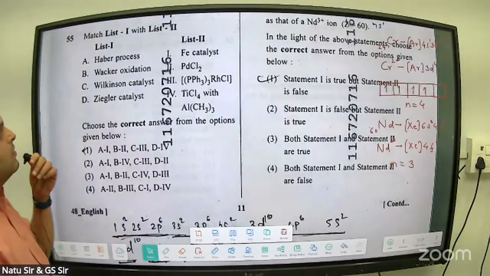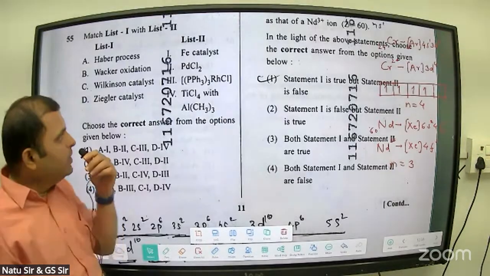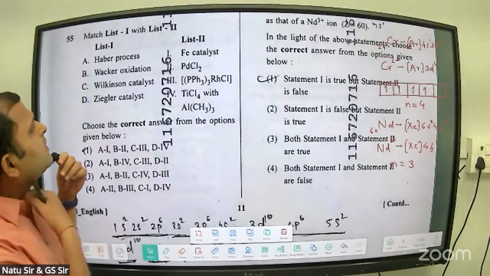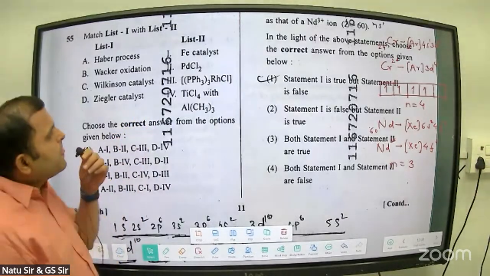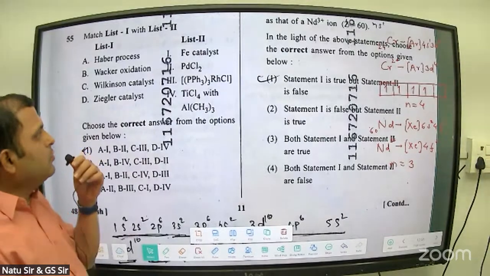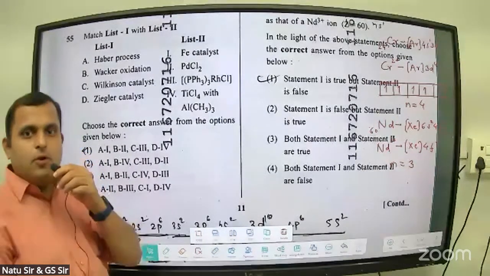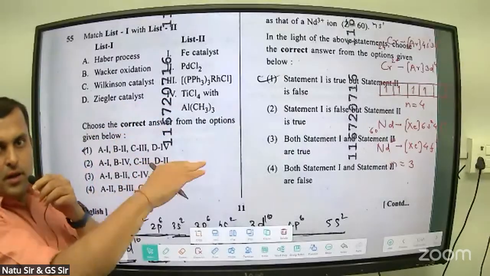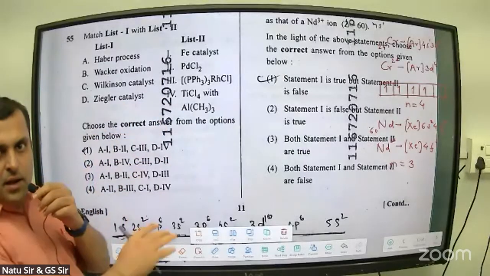Wacker process के लिए क्या होता है, वैक्टर ऑक्सीडेशन के लिए PdCl2. Wilkinson's catalyst is there, and the Ziegler-Natta catalyst is what, TiCl4 with trimethyl aluminum. So basically very simple one, following one to one correspondence already दिया हुआ है. So which option? Option number one, right?